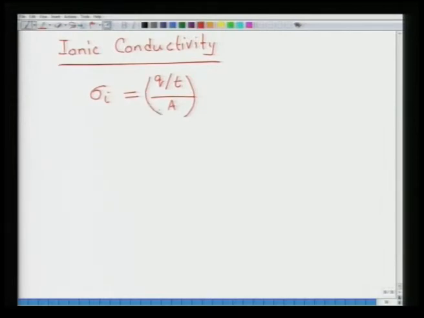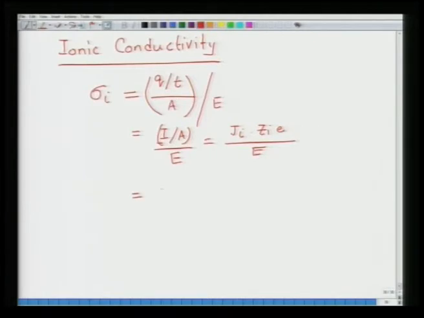So this is flux per unit area divided by the electric field E. I can write this as I by A into E, and I by A, as you know, is the current density. This would be your flux multiplied by Z I E, divided by E, the electric field.